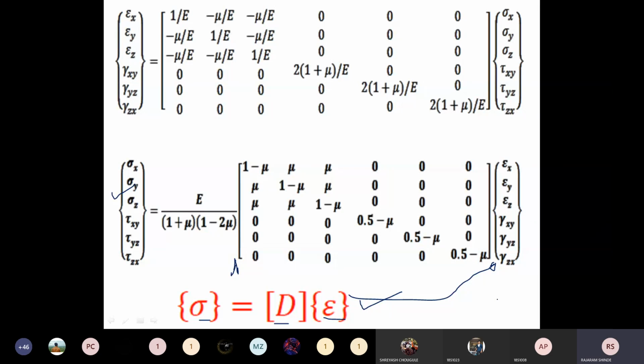Okay, have you got it? I think it is not necessary to understand all the things here. You have to remember only that this is the stress in terms of the strain, and this is the general equation for the stress in terms of the strain. Now this equation we can use for two-dimensional.